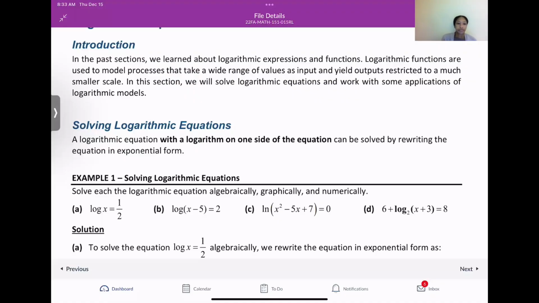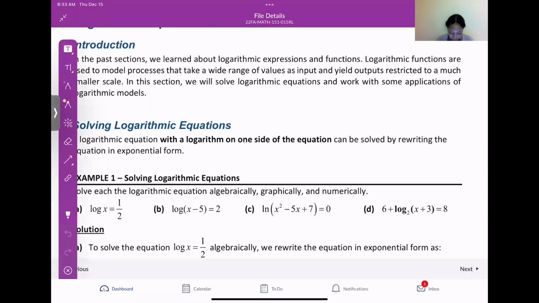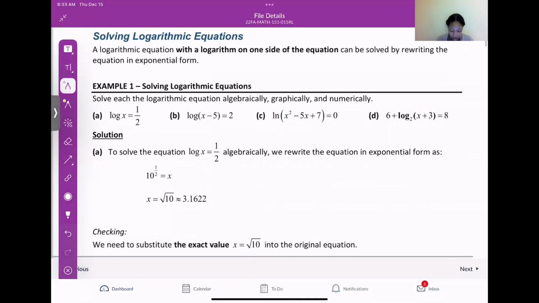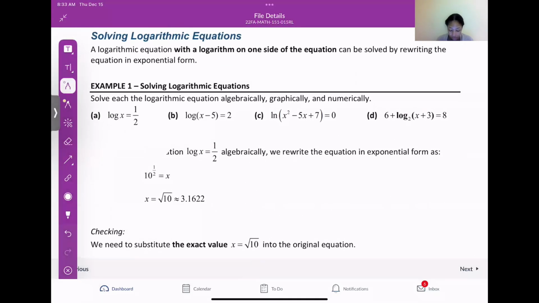All right, so solving logarithmic equations. A logarithmic equation with a logarithm on one side of the equation can be solved by rewriting the equation in exponential form. So if you look at example 1 here, all of these problems are some logarithm equals some number.